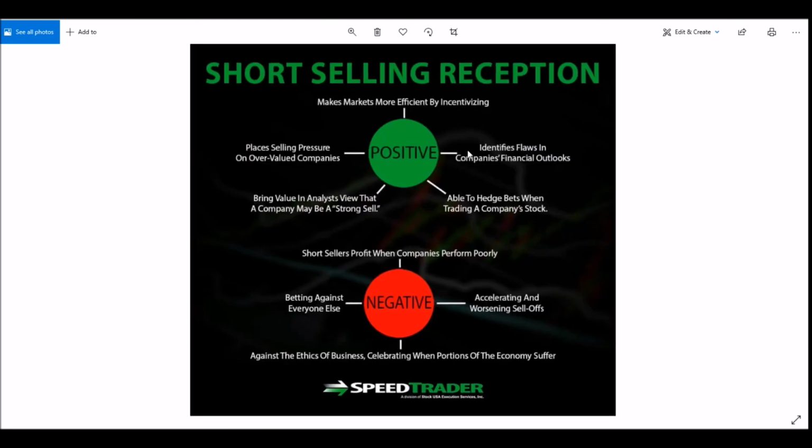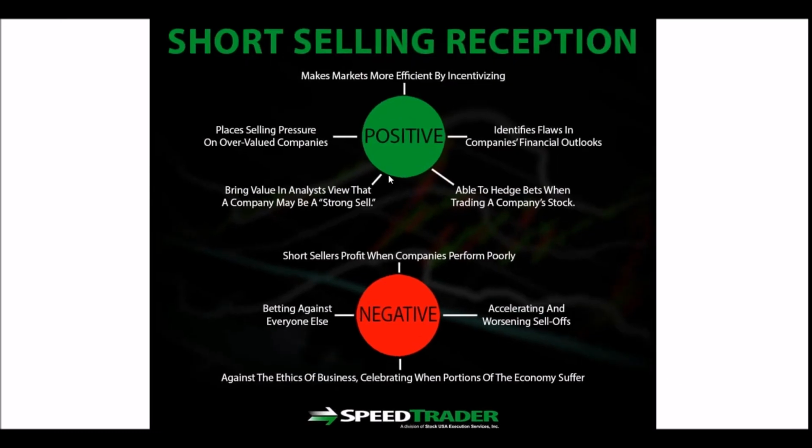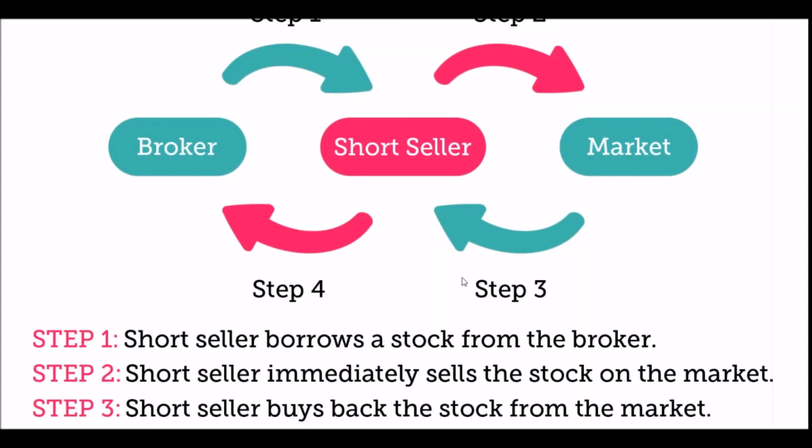So, in summary, this is what we have for short selling. It becomes positive when the stocks that you've sold go down, and then you buy them back at a low price. Then you give back the broker the stocks you borrowed, and then you are good to go.